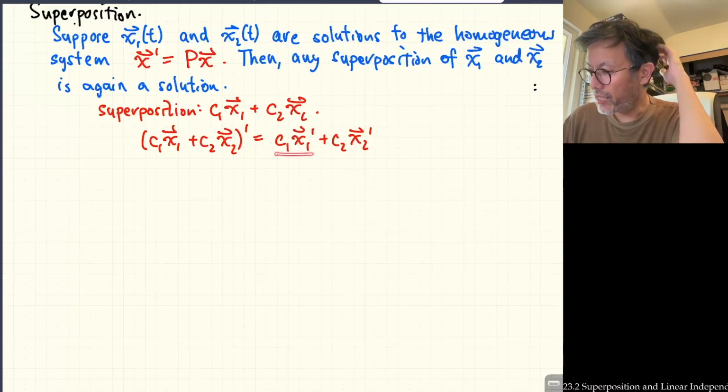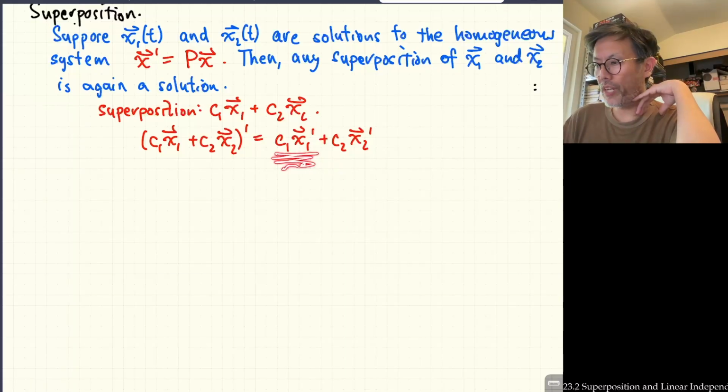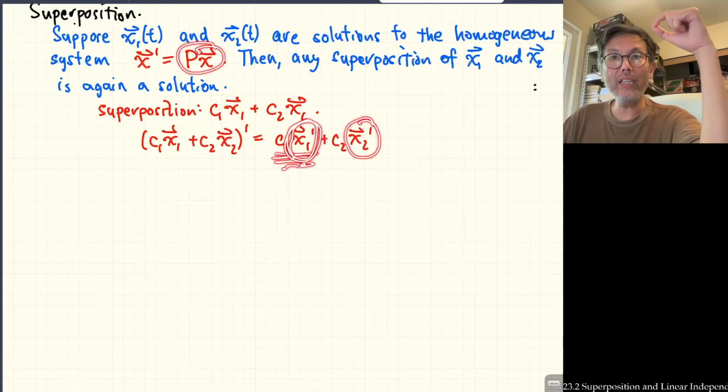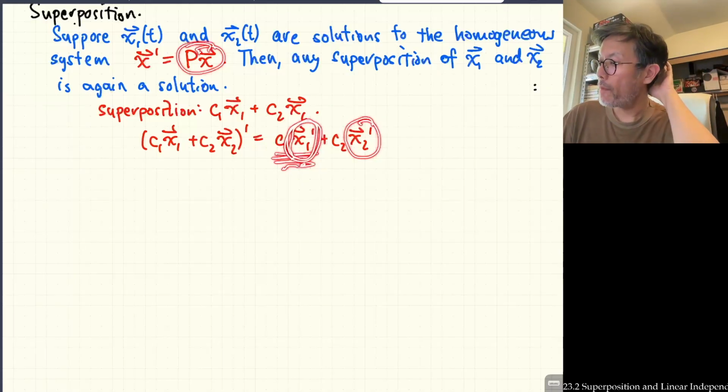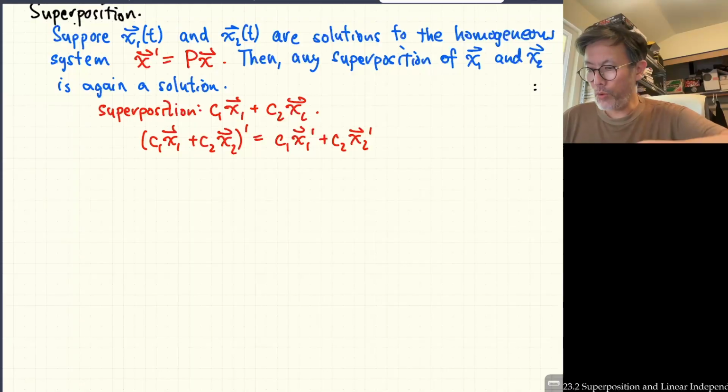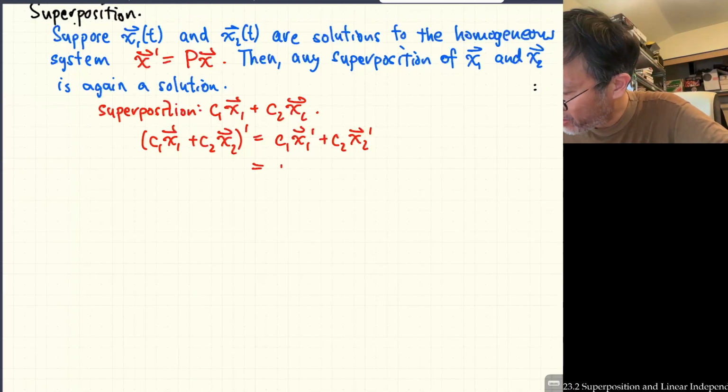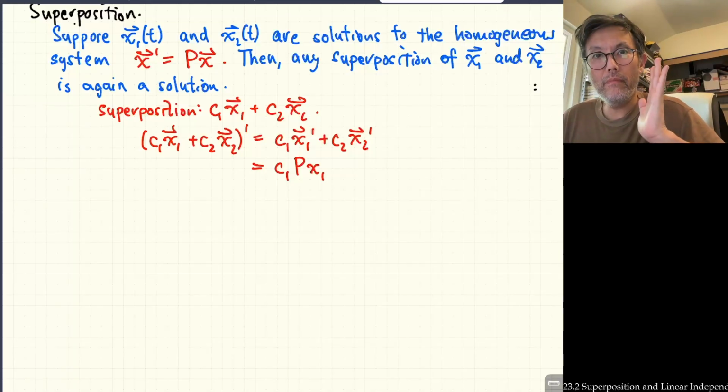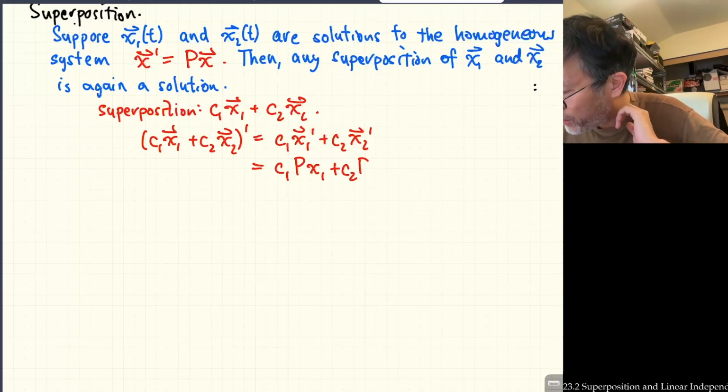But on the other hand, because x1 satisfies the differential equation, when we take the derivative of x1, that's equal to p times x1. Similarly, x2 prime, because x2 is a solution, is also equal to p times x2. So we can rewrite this equation as c1 times p times x1 without the prime plus c2 times p times x2.